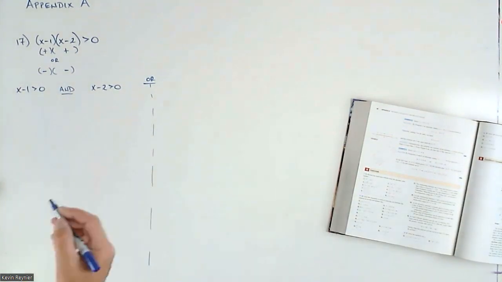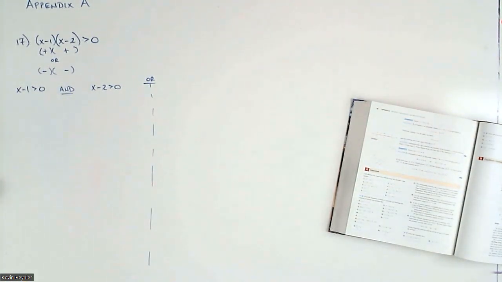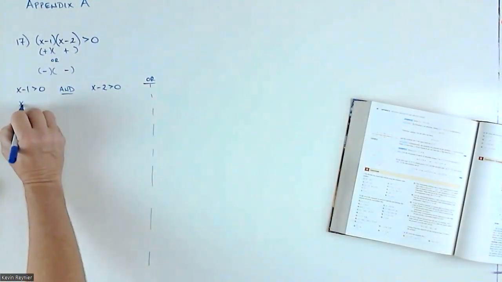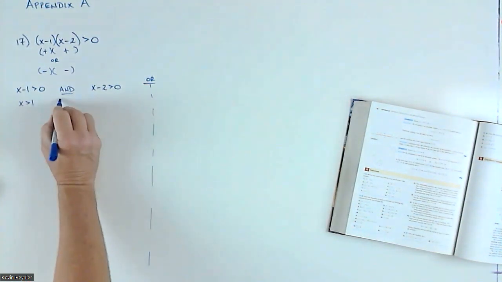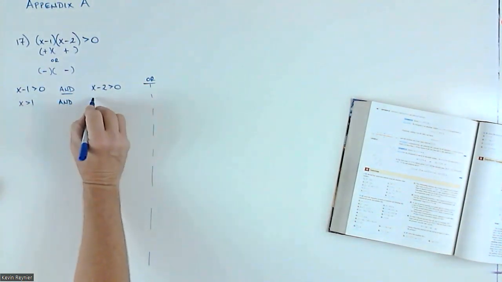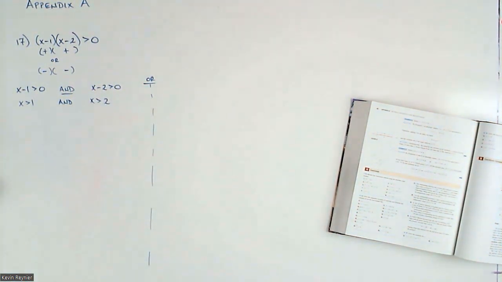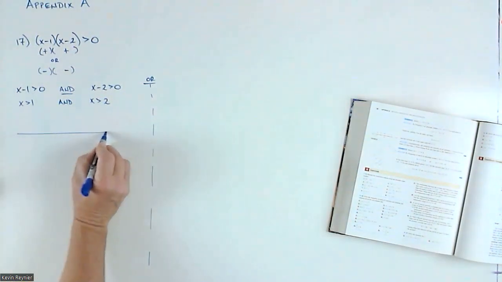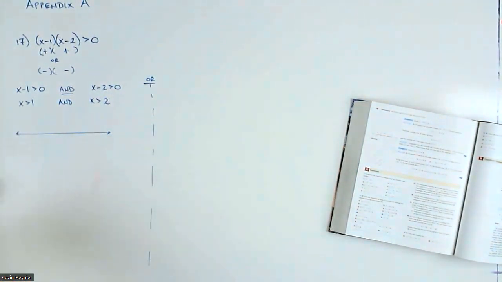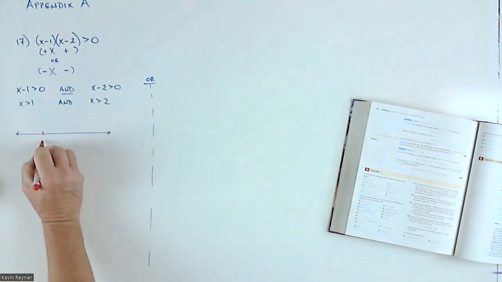Now we can solve these inequalities. These inequalities are not overwhelmingly difficult. This says x has to be greater than 1 and x has to be greater than 2. Now we were taught in Algebra 2 how to graph this. They told us to make a number line. If we're going to graph x is greater than 1, here's 1.